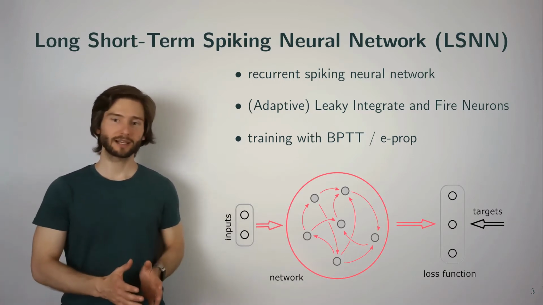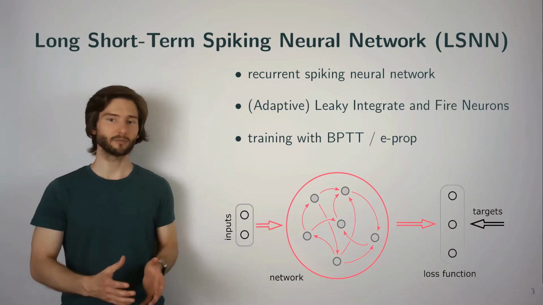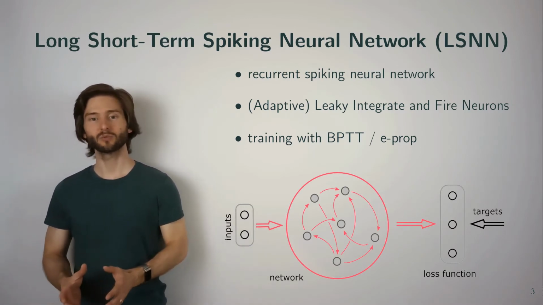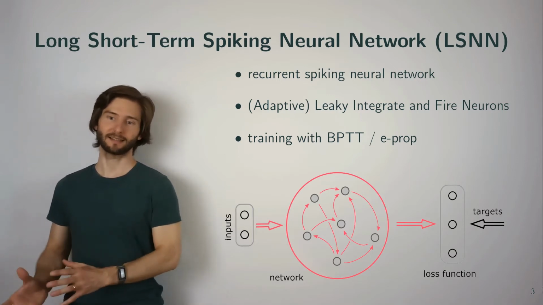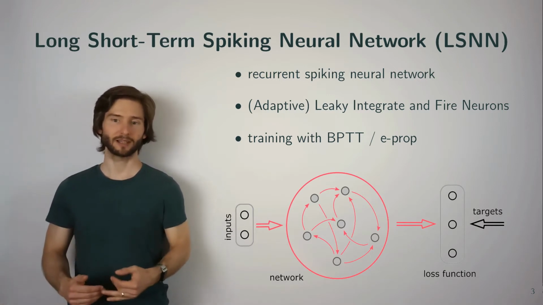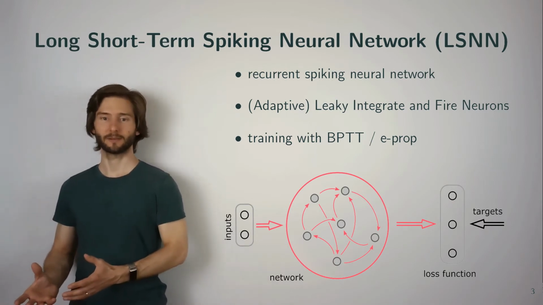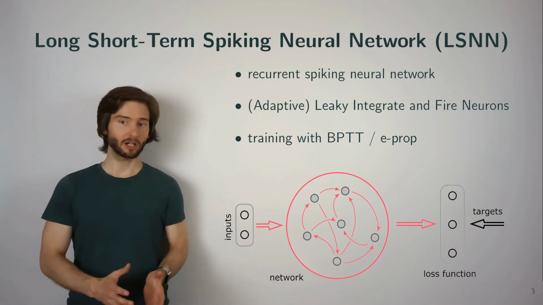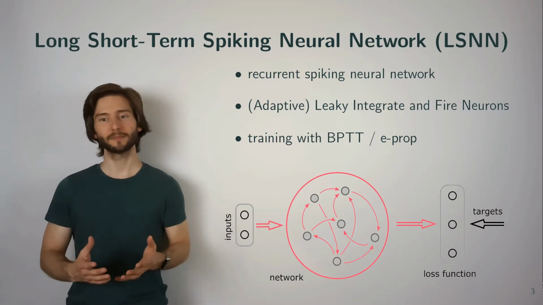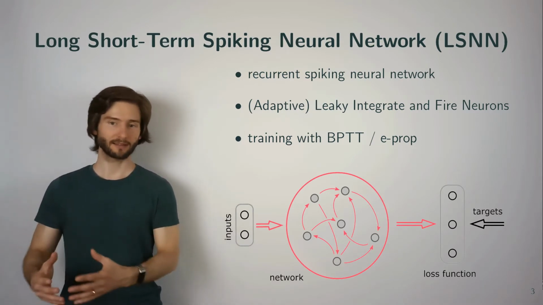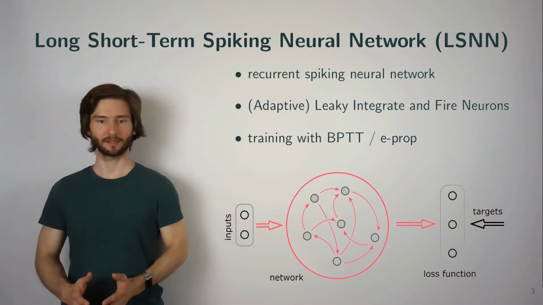And since we directly input real values as a weighted input current into the network, and the fact that it already produces real value outputs makes the LSNN a really good drop-in replacement for your standard recurrent neural network like LSTMs, for example. And in fact, Bellec et al. showed that for many toy problems, an LSNN approaches and in some cases even surpasses the performance of classical LSTMs.